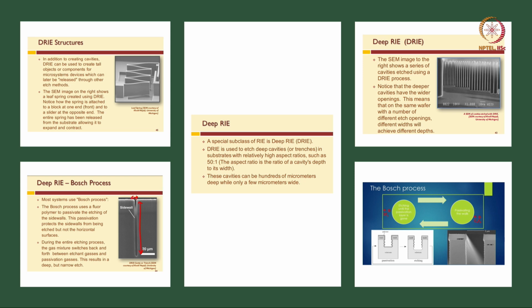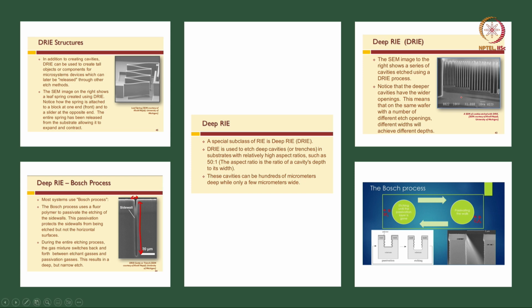The SEM image here shows a series of such cavities made in one go. You can notice that the deeper cavities have wider openings. This means that on the same wafer with different etch openings, different widths will achieve different depths: bigger width, more depth; smaller width, less depth.